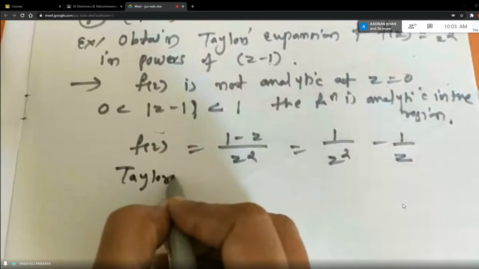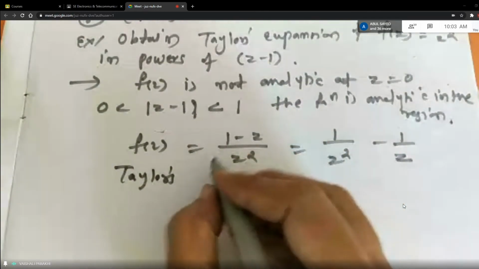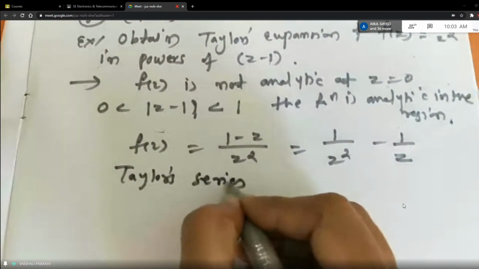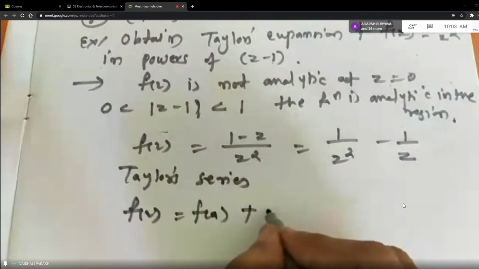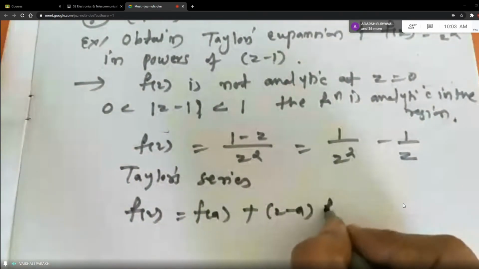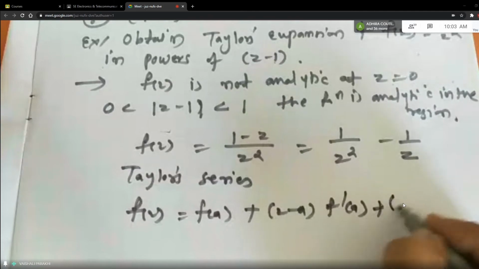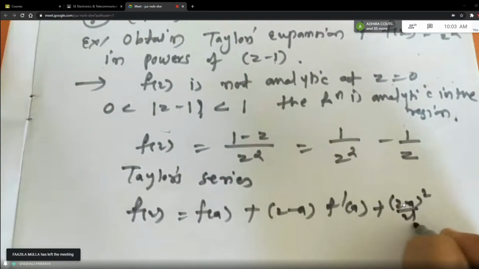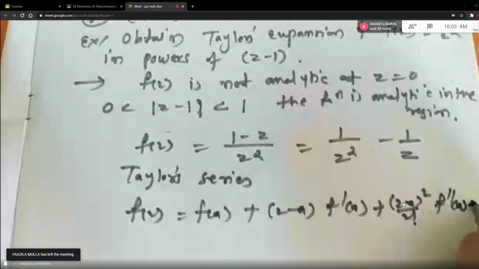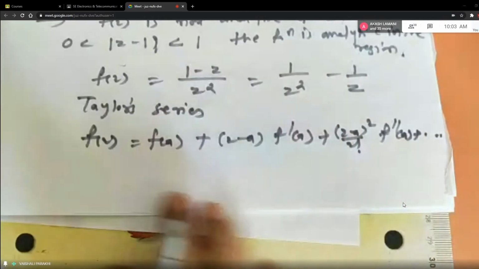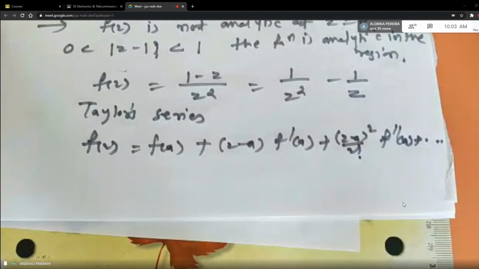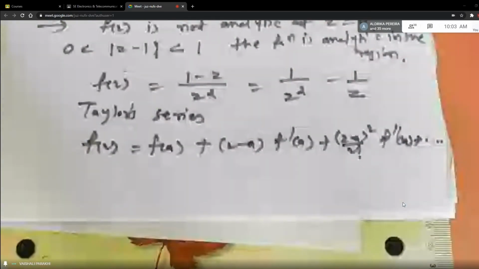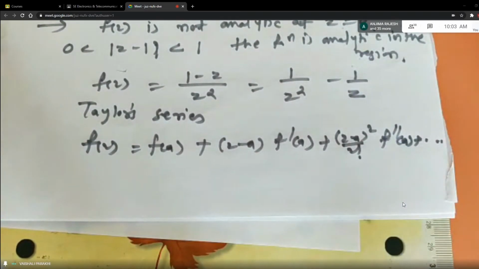So first write the formula so that you will get the direction of solution. F of z is equal to f of a plus z minus a into f dash of a plus z minus a the whole square by 2 factorial f double dash of a. So this is your Taylor series, which you know already, right?